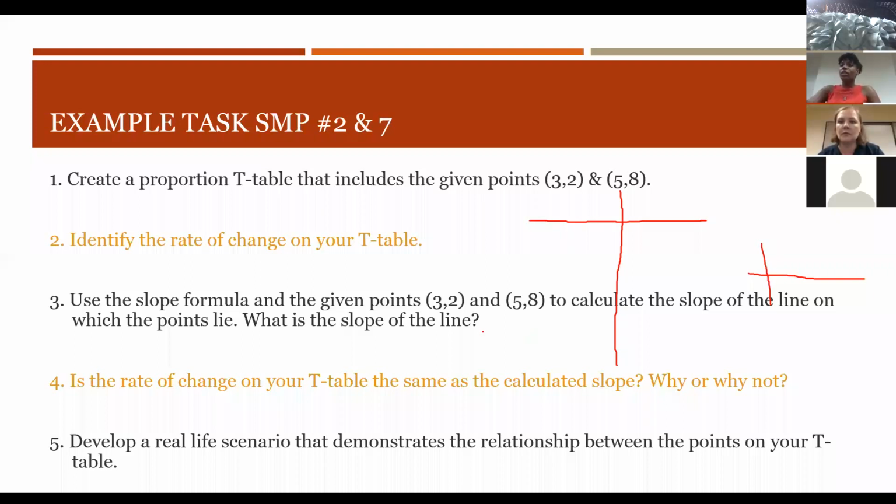I wanted the students for this task to reason abstractly and quantitatively, and I wanted them to look for, and then make use of that structure. The structure that they were looking for was when they were calculating the rate of change. And then making use of it was when they were thinking about how the slope formula they gave connected to the rate of change that they had calculated.